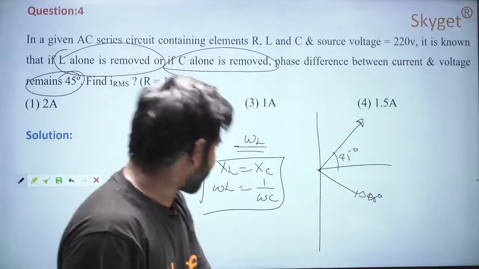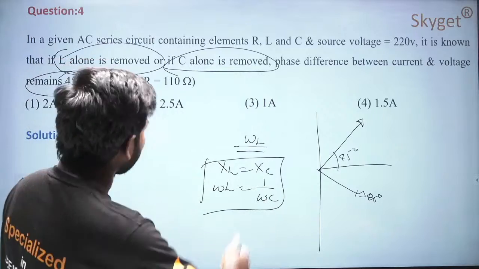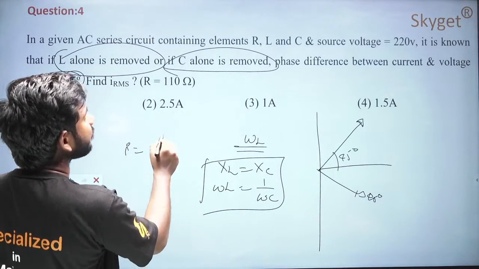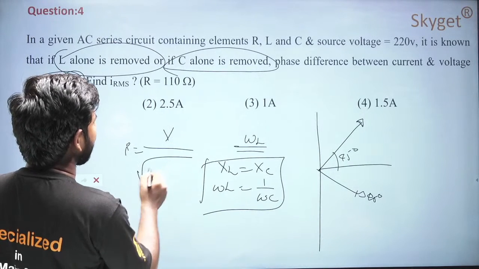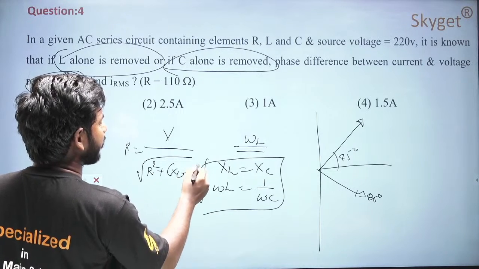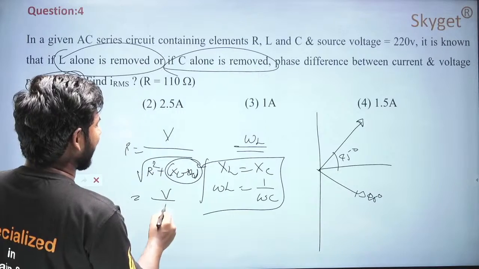If it follows resonance, how can we answer it? When both are there, I is equal to potential difference by root over R square plus XL minus XC whole square. And now XL is equal to XC, so the answer will be V by R.